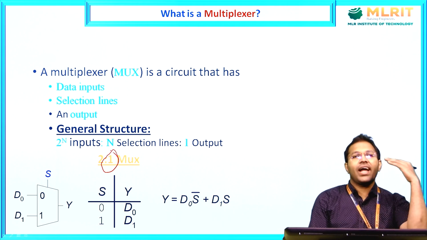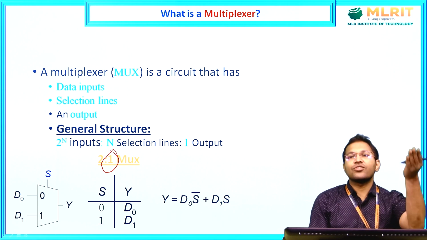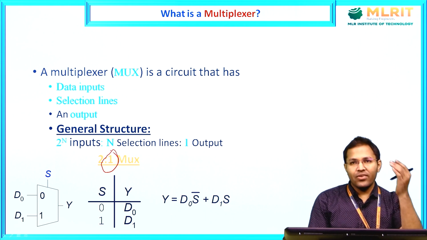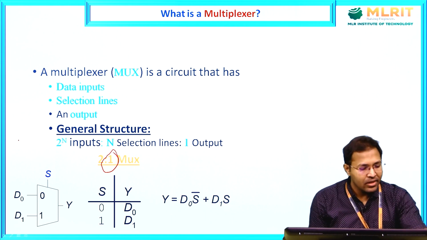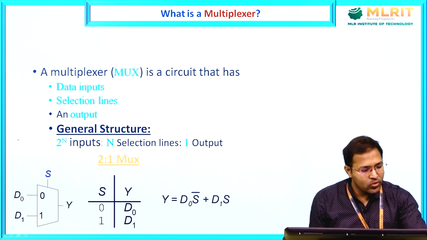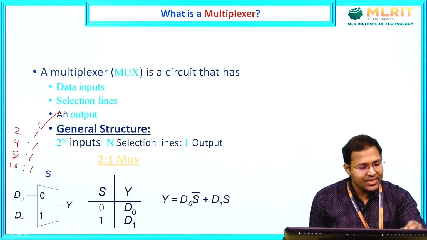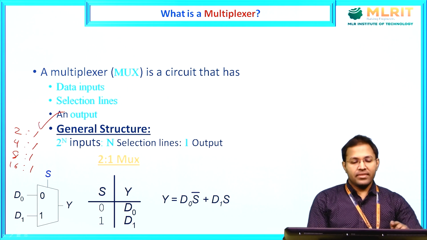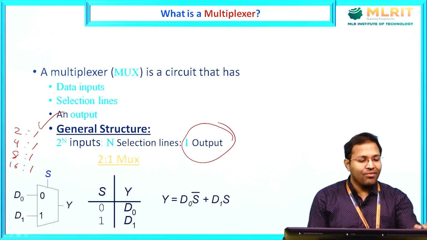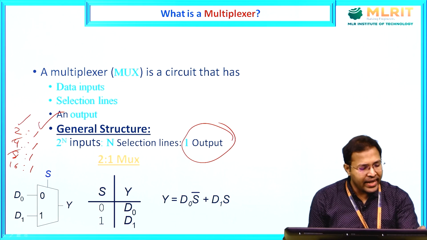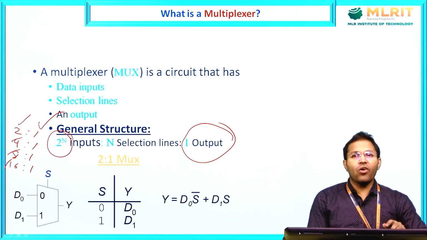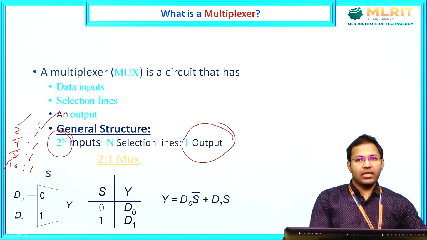So you can have 2:1, 4:1, 8:1, 16:1. I hope everyone understood this, because the output is only one line. Then why 2, 4, 8, 16? Because the number of inputs is always in the power of 2.